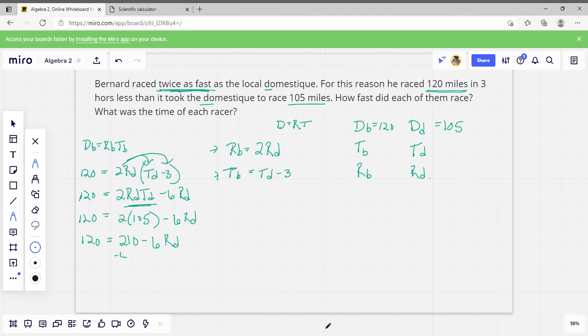Now we'll subtract that from both sides. So if we have 210 minus 120, let's see, that'll be 9, 10, 11, yep, 90. 90 equals negative 6 RD.